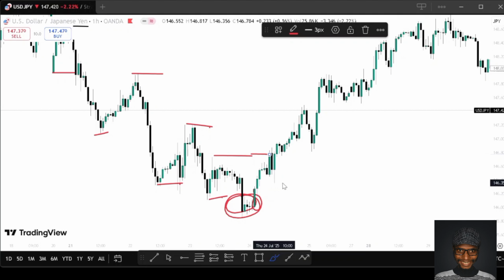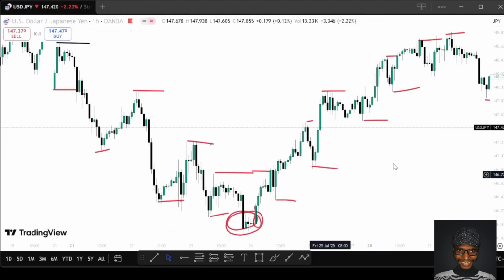Here is our new low and we have our new high. You see, it is now called a higher high. We have higher low, higher high, higher low, higher high, higher low, higher high.